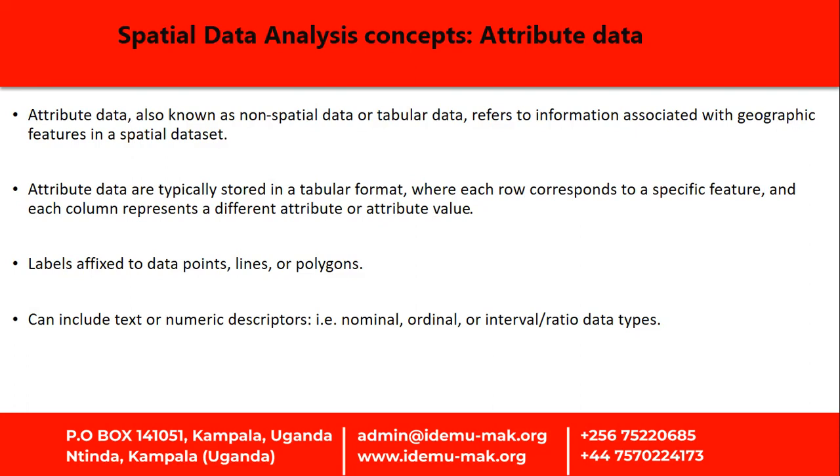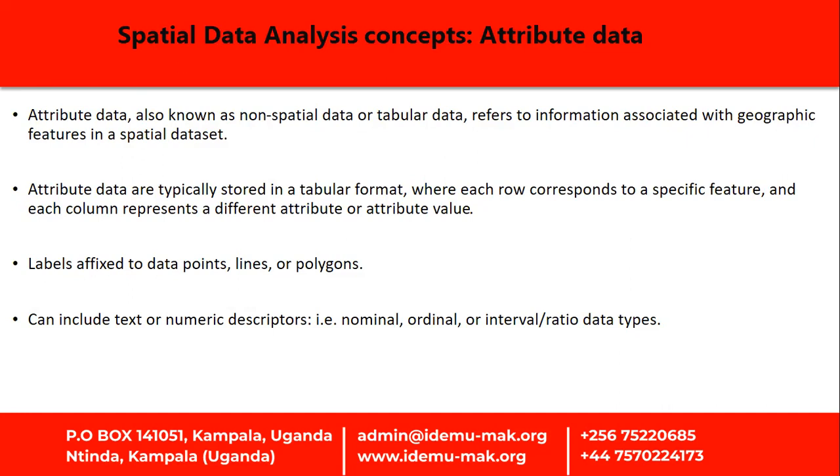If you select a particular point, it will show you what the location is, what the street is, what the temperatures are there, what the height is, and all that. So attributes give an explanation of a spatial location.